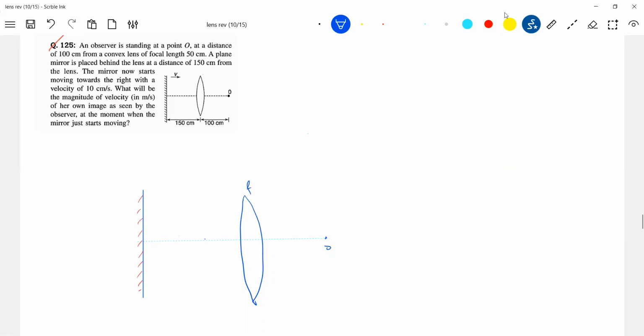This we know. This I1 will become the object for the mirror, and the object distance should be equal to the image distance, and this will be I2.